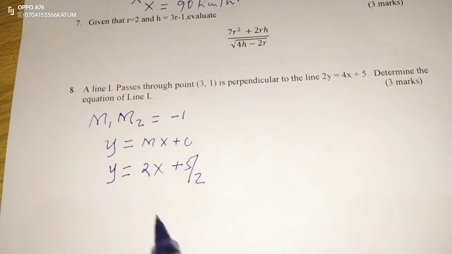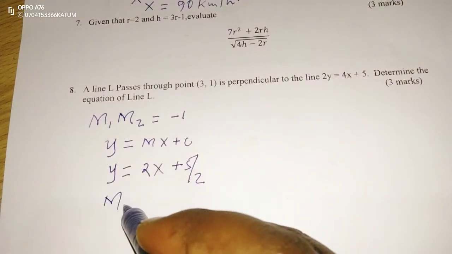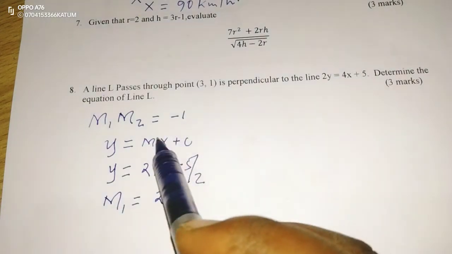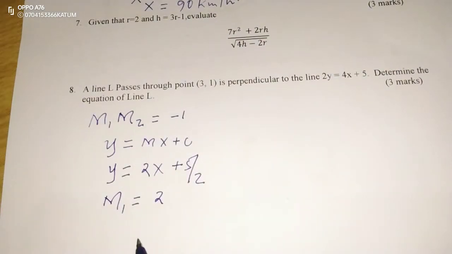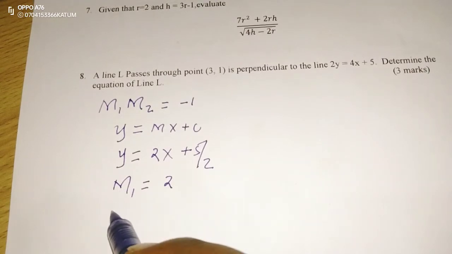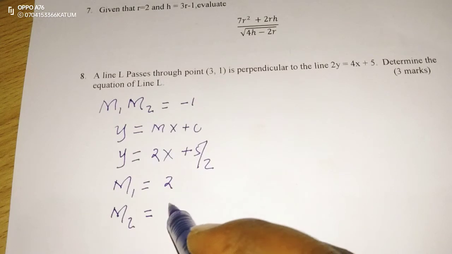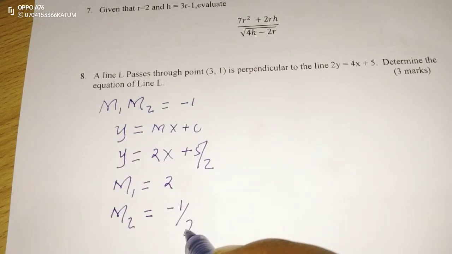So in this equation now, gradient 1 is going to be 2, because in this format, the coefficient of x is usually the gradient. Now that gradient 1 is 2, then gradient 2 will be -half.